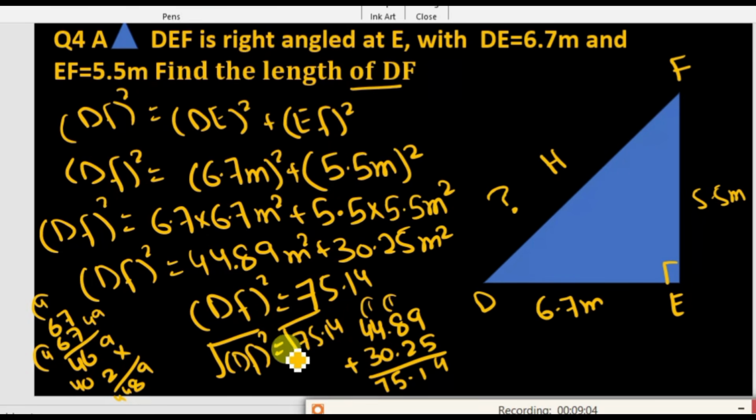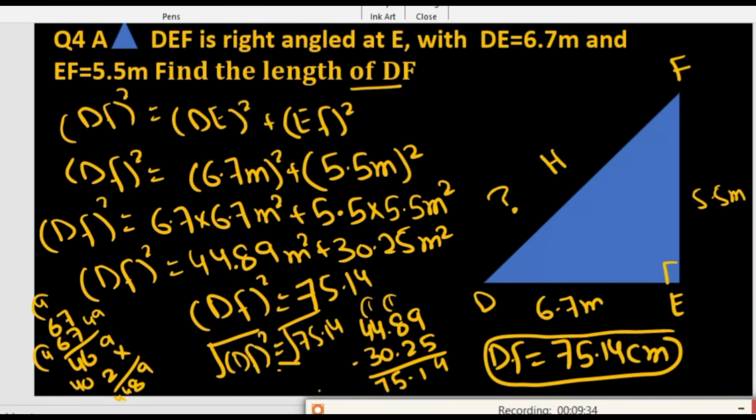The square root of this is a long value that you cannot solve because you are not allowed to use a calculator. So skip it here, and the answer is DF is equal to under root 75.14. This is your answer.